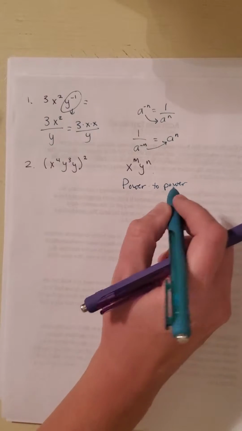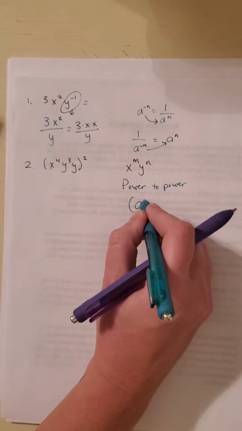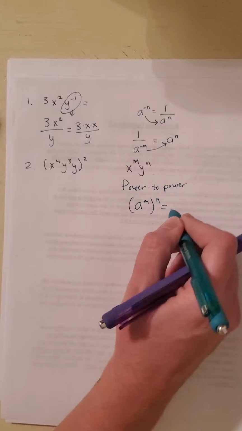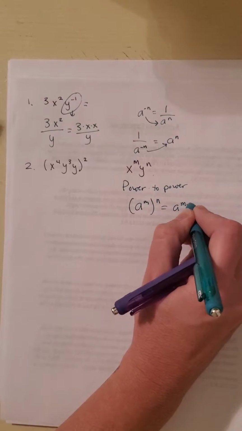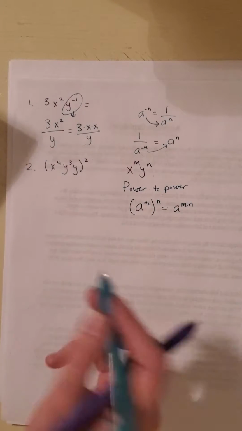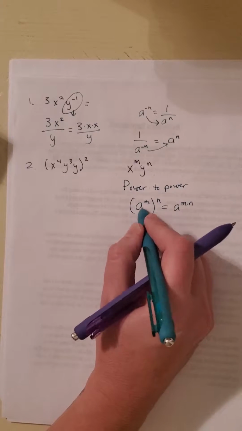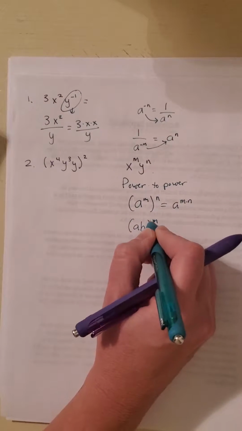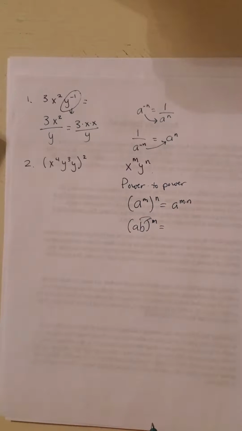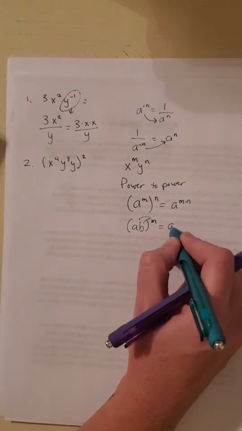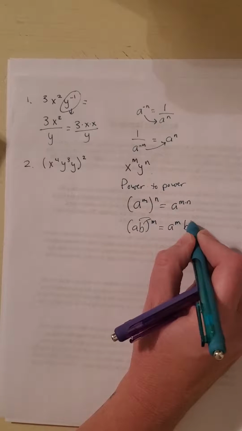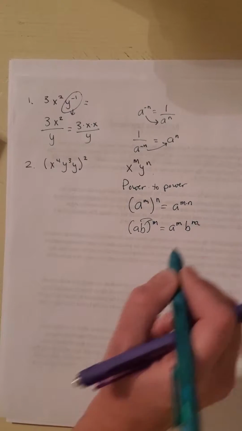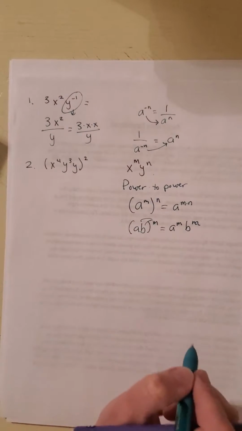And the power to a power rule tells you that a to the m to the nth power is a to the m times n. Also, there's a rule that if you have more than one item, like ab to the m power, that you're going to make sure that both items are being raised to the m power. So a to the m, b to the n.